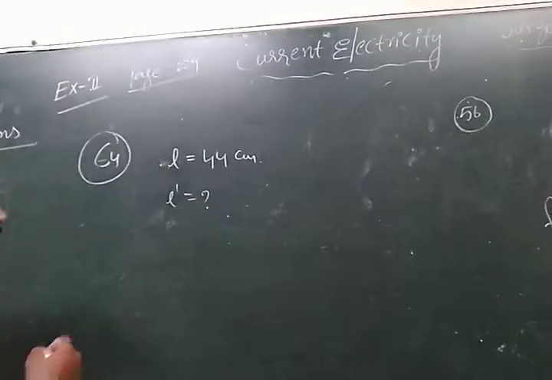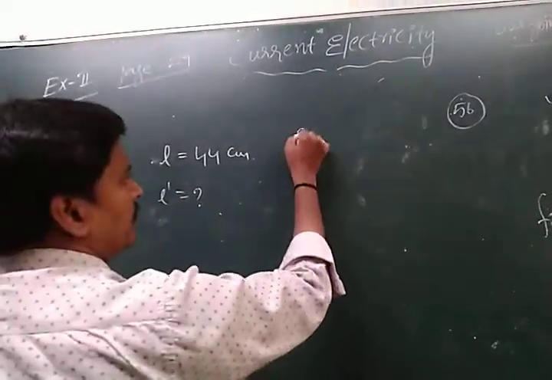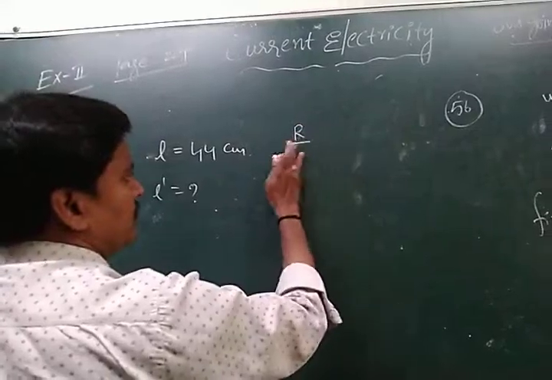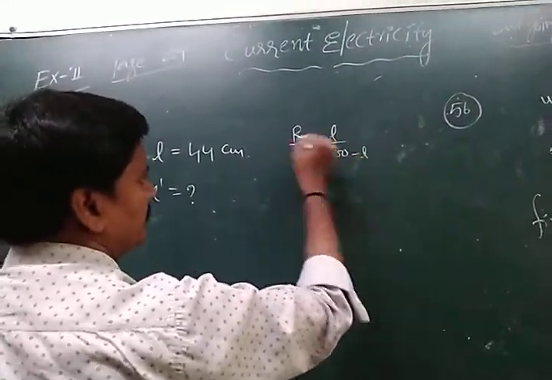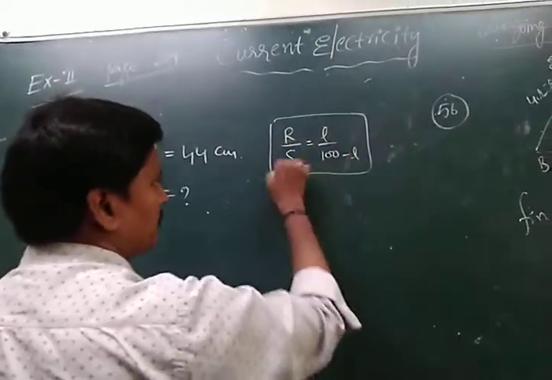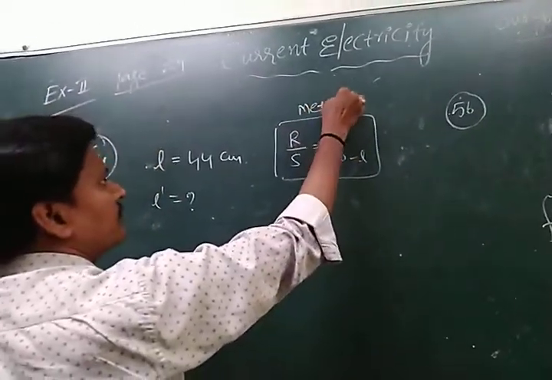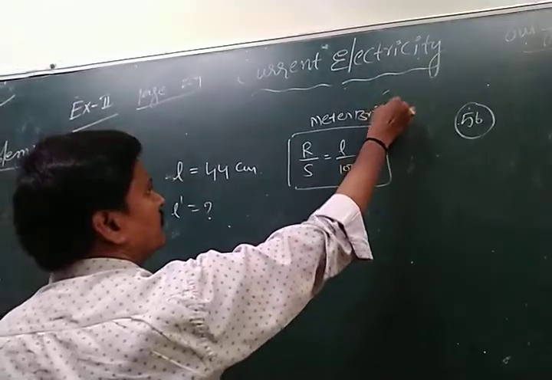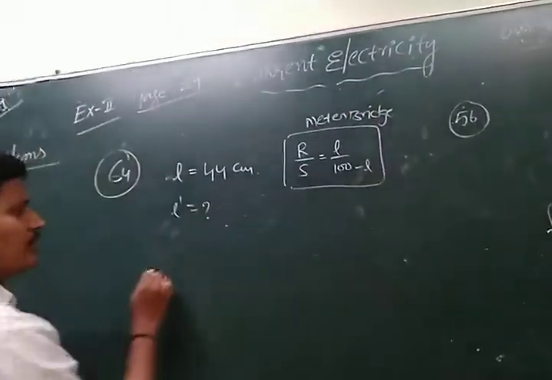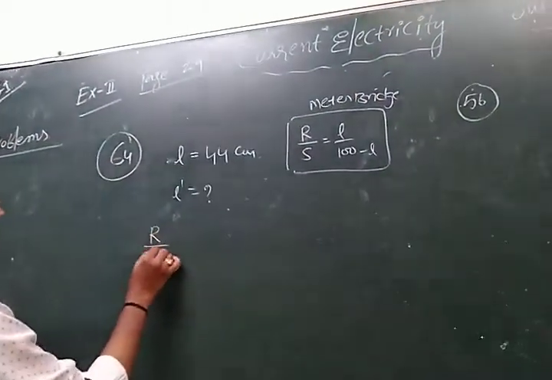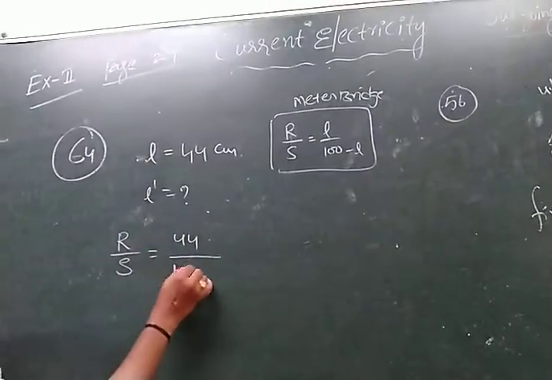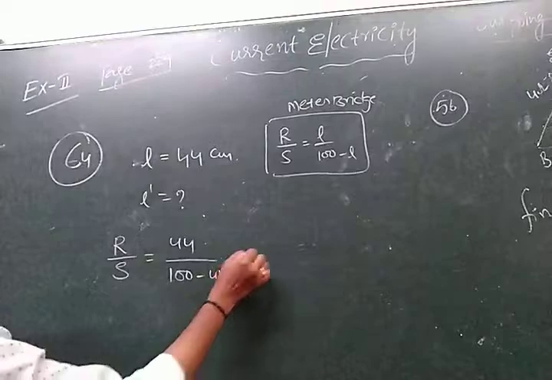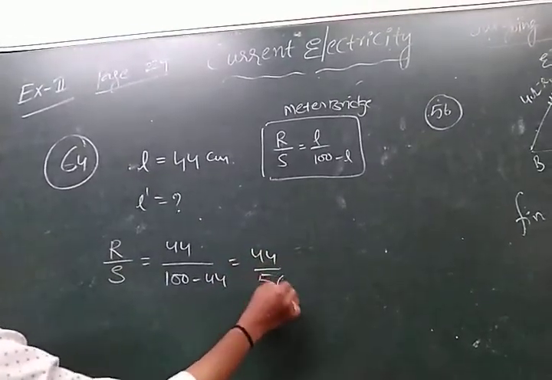Here, P by Q or R by S is equal to L by 100 minus L. This is the meter bridge formula. In the first case, R by S is equal to 44 divided by 100 minus 44, that is 44 divided by 56.